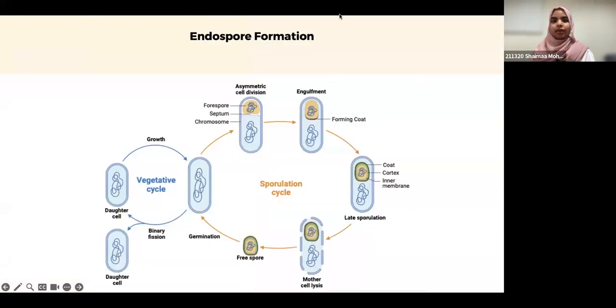So how do they form? First, this is the normal cell, it's dividing, but then the conditions are no longer favorable, okay? It doesn't want to die, so it's kind of like hibernating, just like bears, until it finds a good condition. So it's going to replicate the DNA. After it replicates the DNA, the mother DNA stays somewhere, and the daughter DNA goes to one pole of the cell, and it's called a forespore, and a septum forms, okay?